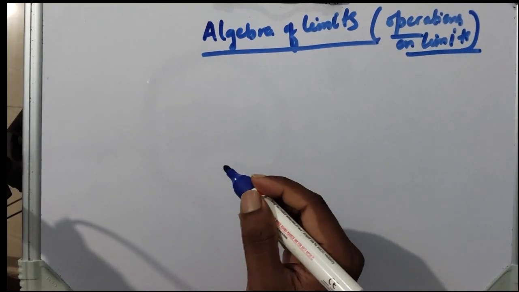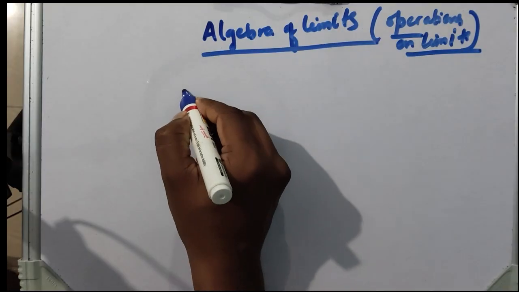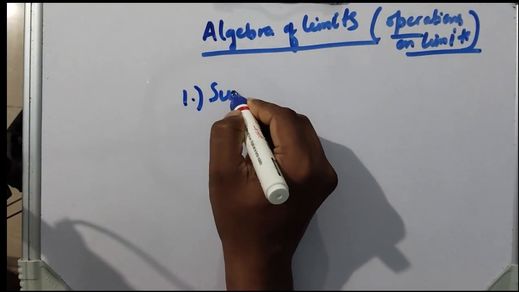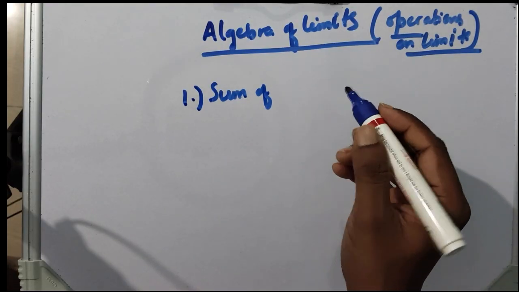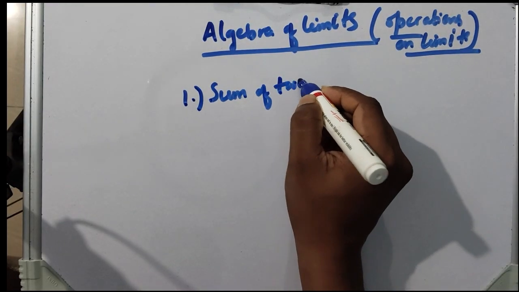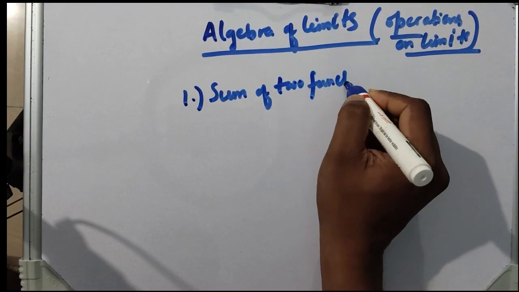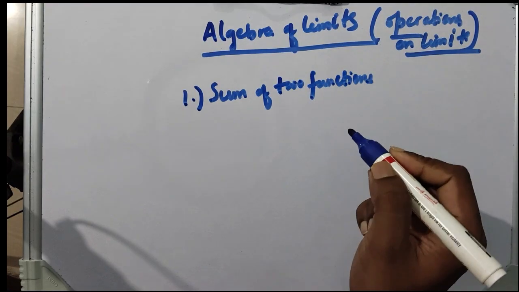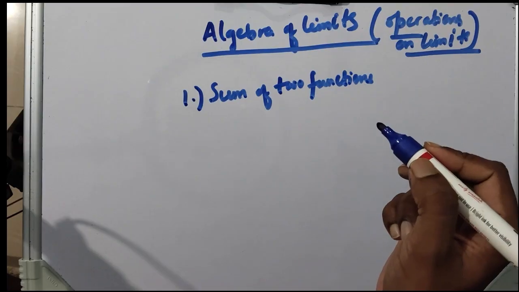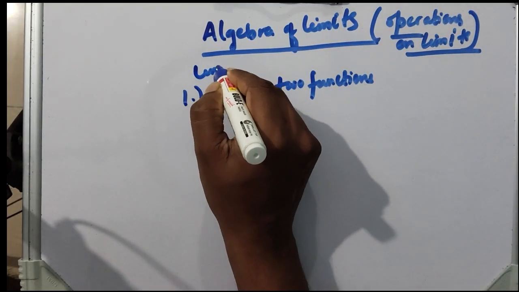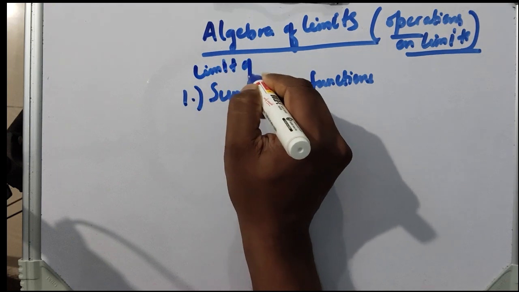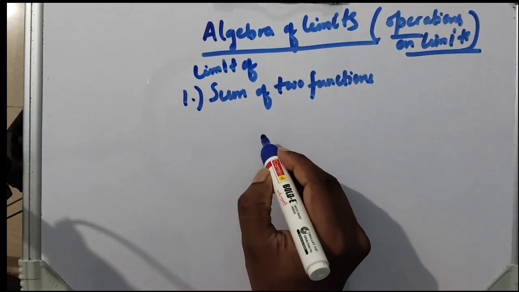The first one is the limit of the sum of two functions.